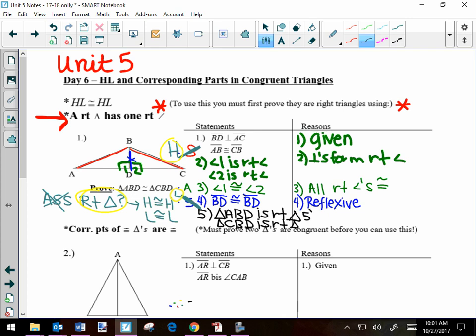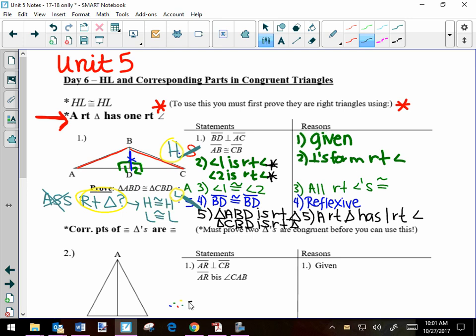And the reason why I know that is because a right triangle has one right angle. So in this case, the one right angle for each of those triangles was identified back here in line 2. Both of the triangles have a right angle identified.